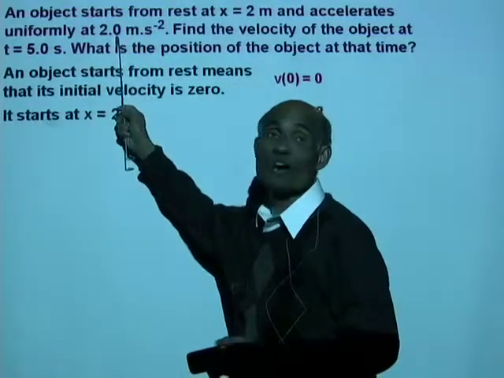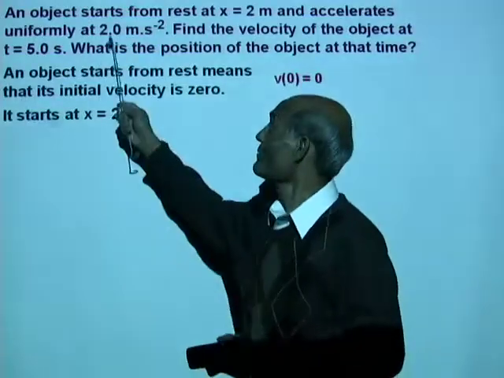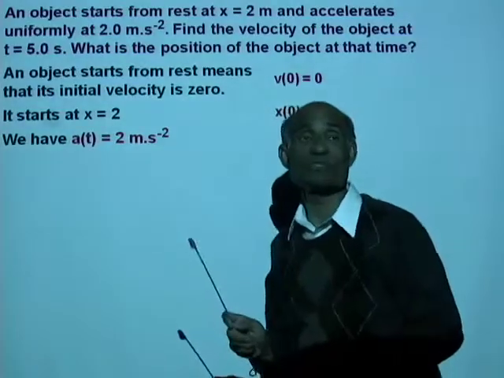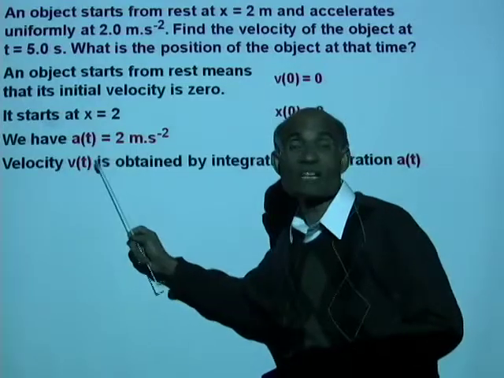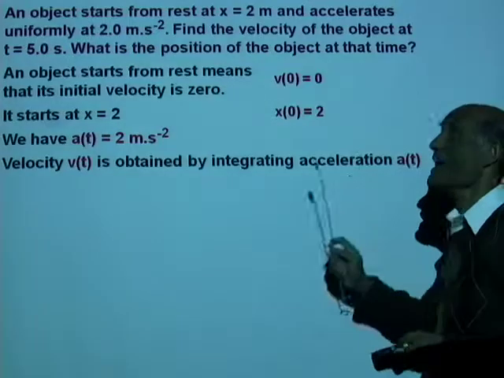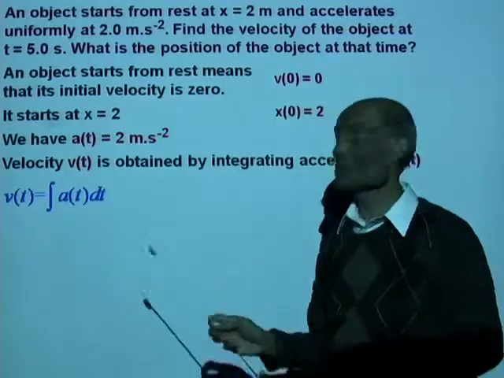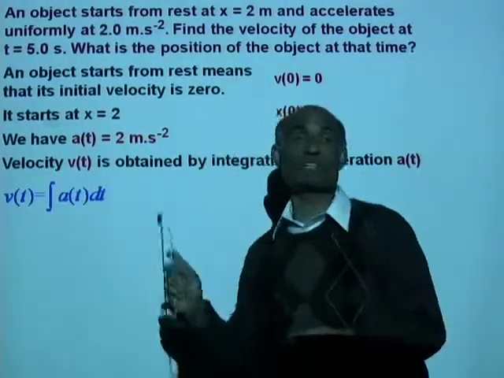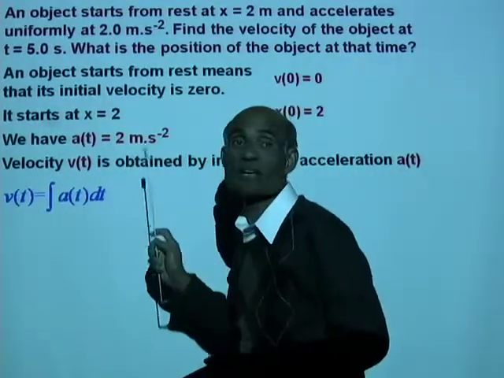Now, if you know the acceleration, we can find the velocity function. How? By integrating it. We have acceleration is 2 meters per second squared. So, velocity function v of t can be obtained by integrating the acceleration function a of t. So look at that. v of t is integral a of t dt, and our a of t is 2 meters per second squared.